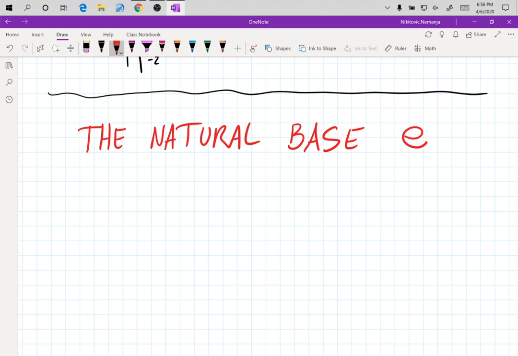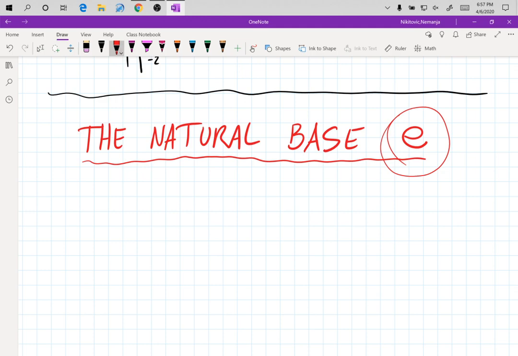So he basically laid a foundation for 80% of your pre-cal course across the board, and then all of the complex stuff. He was just absolutely amazing. And the number E is in honor of him. Euler is spelled E-U-L-E-R, Euler.